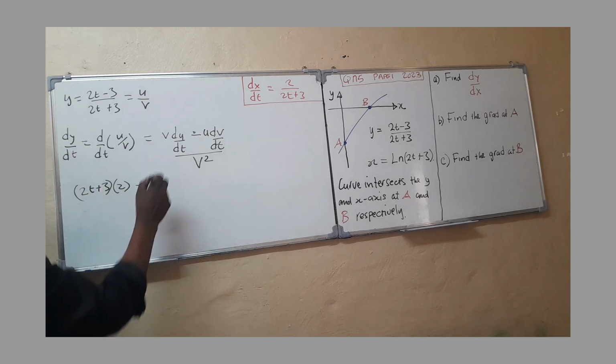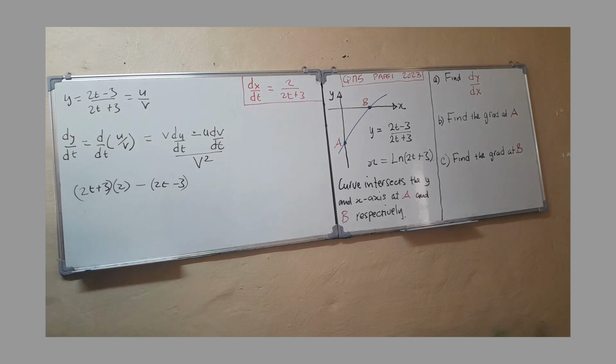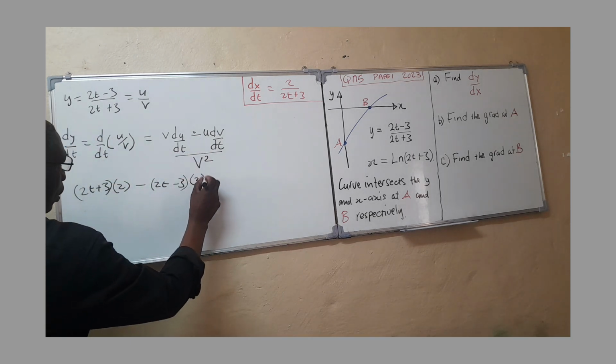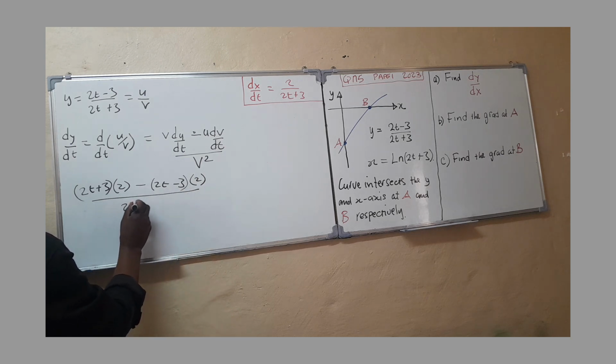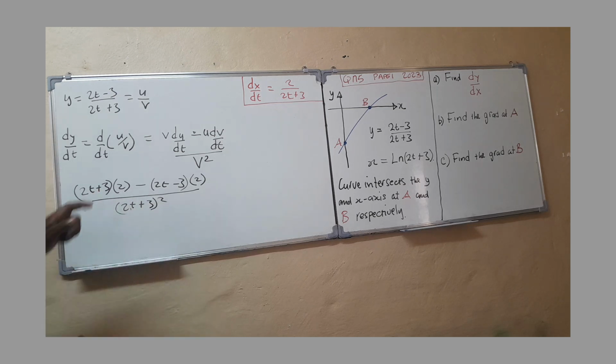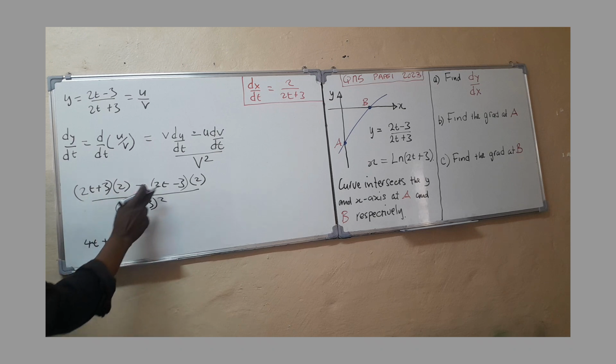Minus our u, which is 2t minus 3, multiplied by our dv/dt, which is just 2 also. All this divided by (2t plus 3) all squared. We can simplify this. There is a 4t there, plus our 6 there.